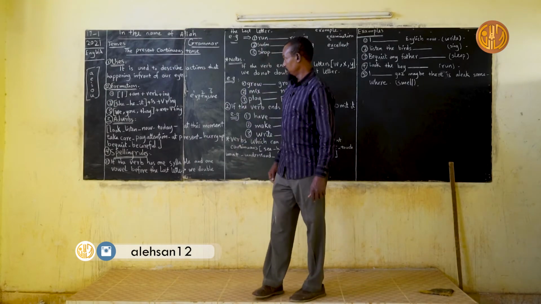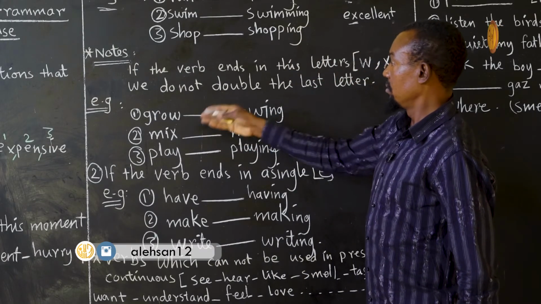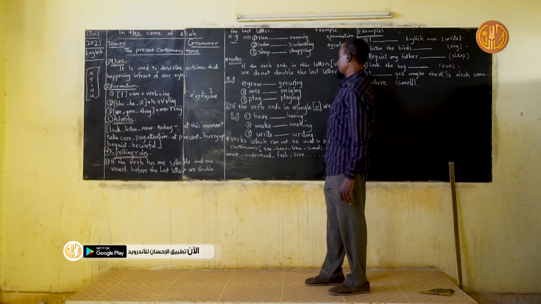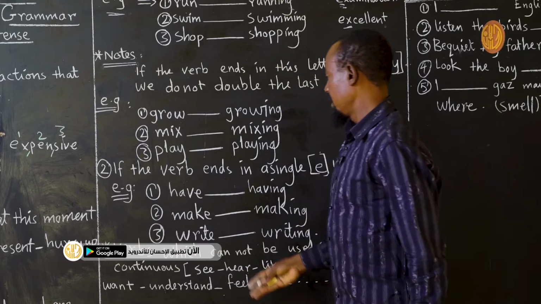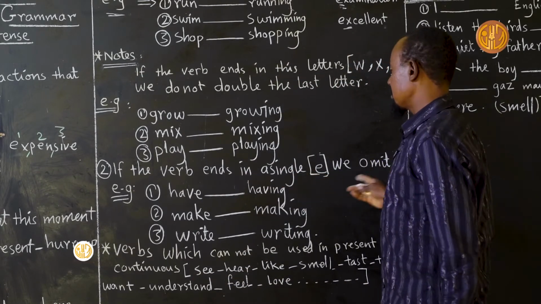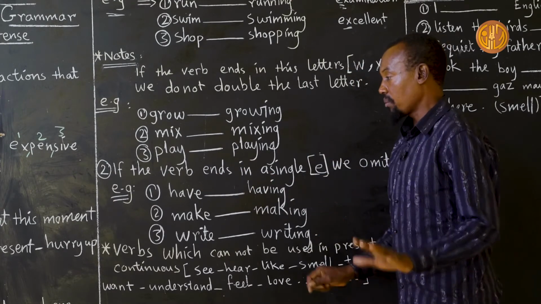Yes, now we are going to continue. As you know, student, when do we double the last letter and when do we not double? If the verb ends in one of these letters, we do not double. But here is an important rule. If the verb ends in a single E, we omit this E. We omit it, that means we drop it.